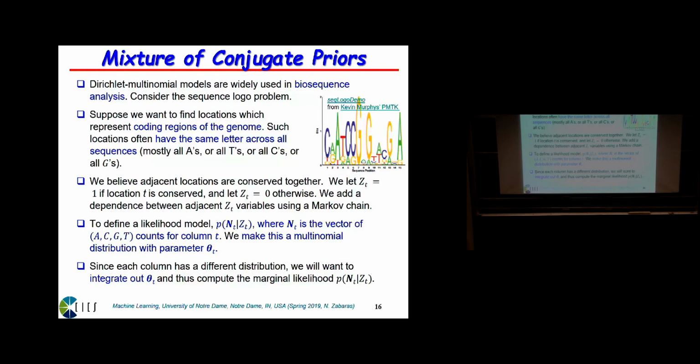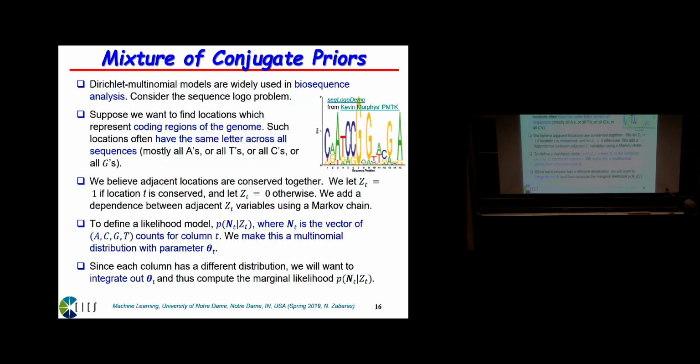So this looks like a multinomial type of distribution because at each location there is a probability of having an A, a probability of having a T, a probability of having a C, a G, etc. So if Z defines the location in the genome that I am looking at, and NT is the counts of each letter in that location, this is a multinomial distribution.